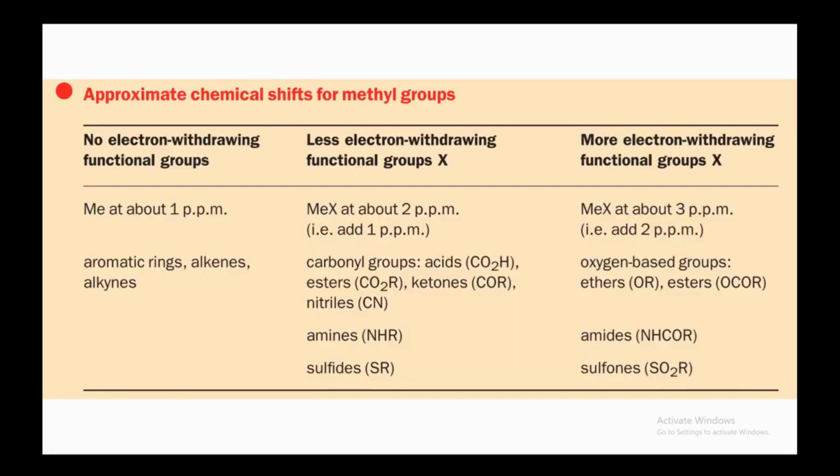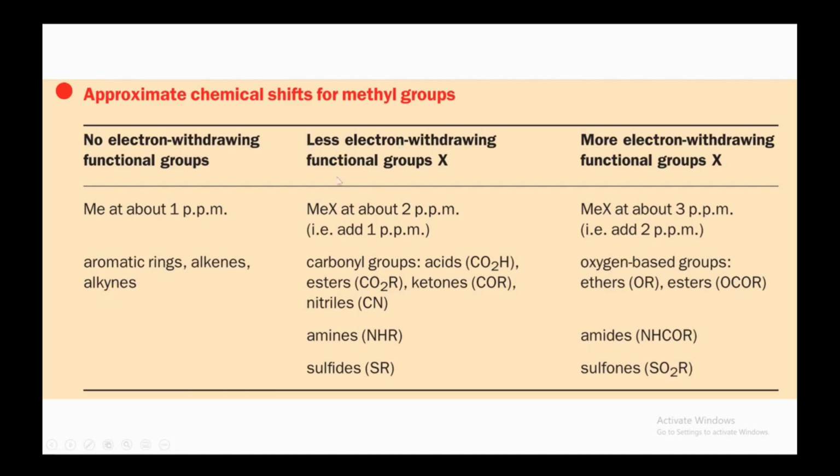So here is another interesting table that will guide you to pick the ppm values. Approximate chemical shifts for methyl groups: with no electron withdrawing functional groups, methyl appears at about 1 ppm; this includes aromatic rings, alkenes, alkynes.